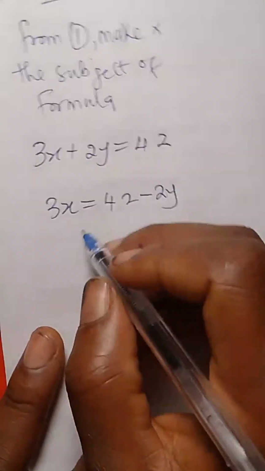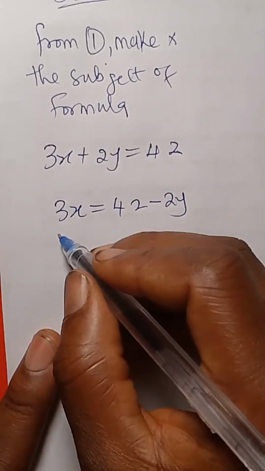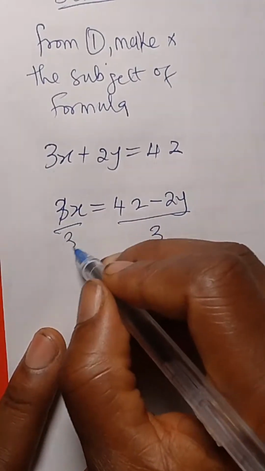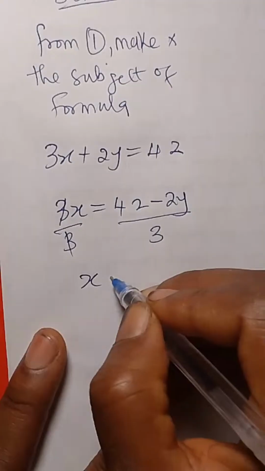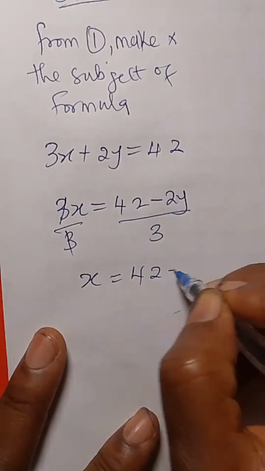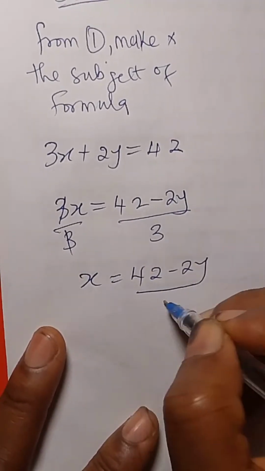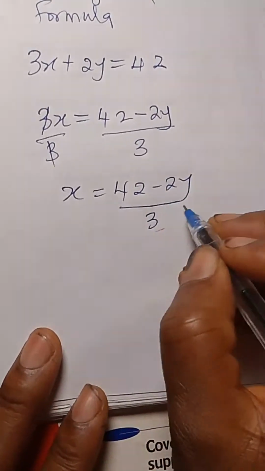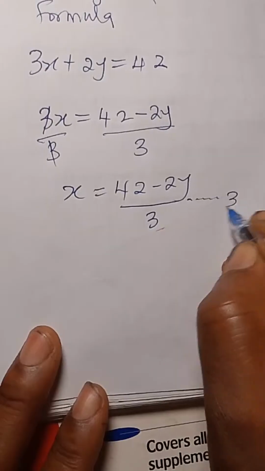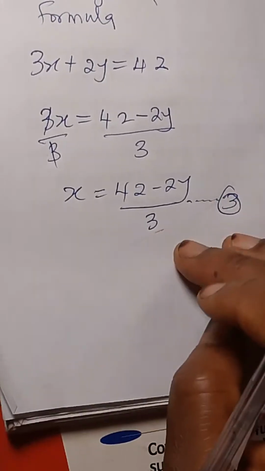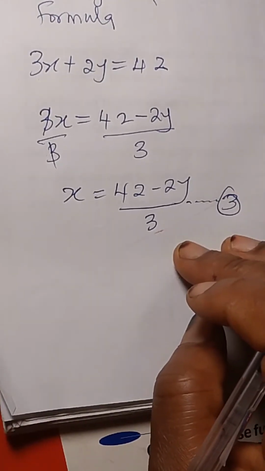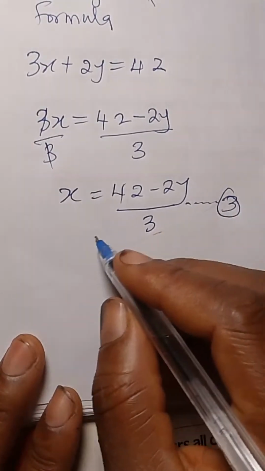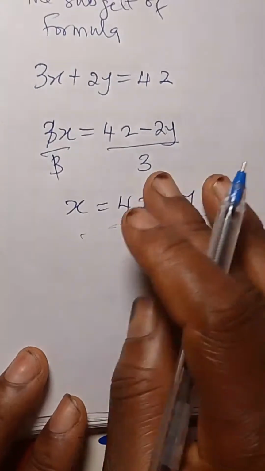So for us to make x stand alone, we're going to divide both sides by 3. 3 will cancel here, and we have our x equals 42 minus 2y all over 3. So that is our equation 3. We are going to substitute it now into equation 2.